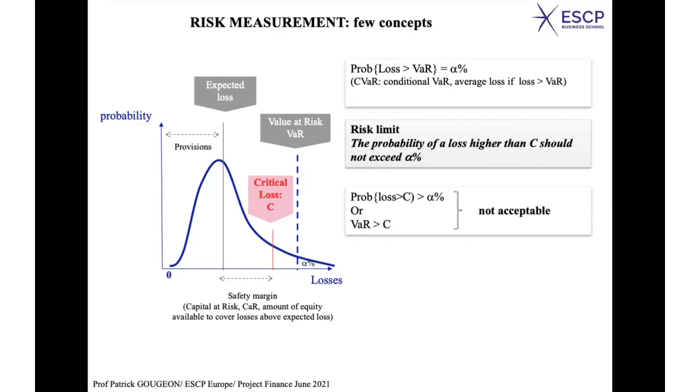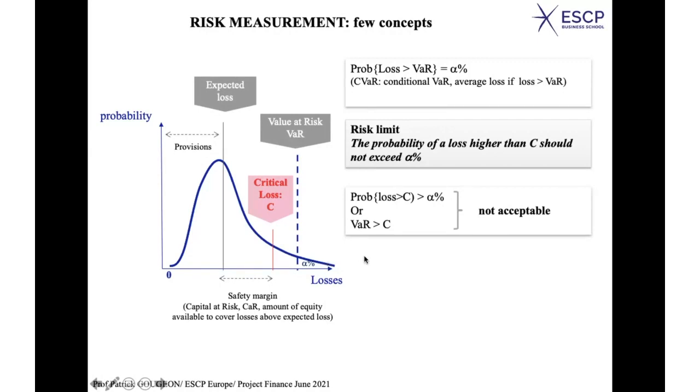Sometimes we calculate, and this is what you find on the slide here, the conditional value at risk. The conditional value at risk is, if we are above the value at risk, what is the average value? So it is the average loss when you are beyond the value at risk. That's one type of indicator.